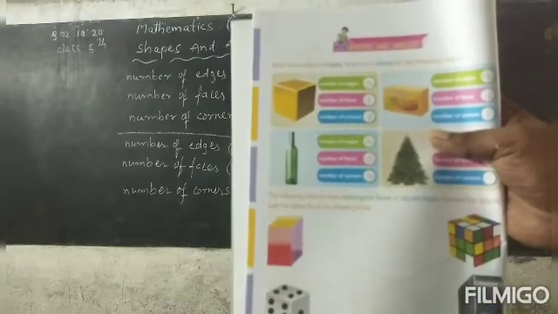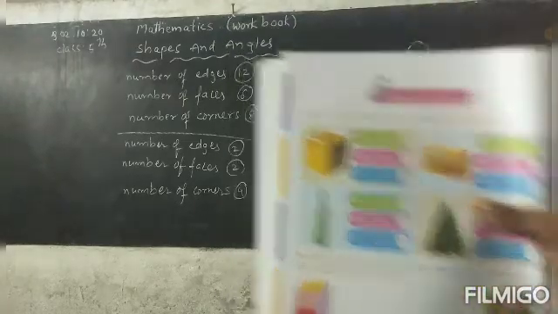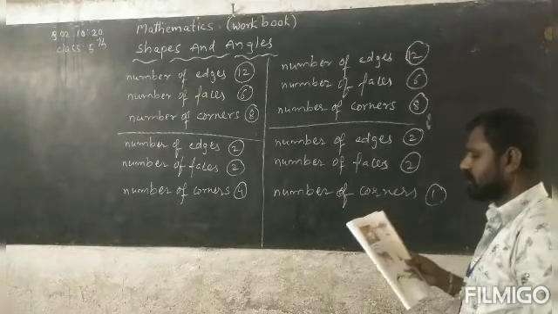Next, dice in the shape of a cube. You connect this, draw this and this. So this is to this, this is to this. Now next, name the angles marked in the following picture.